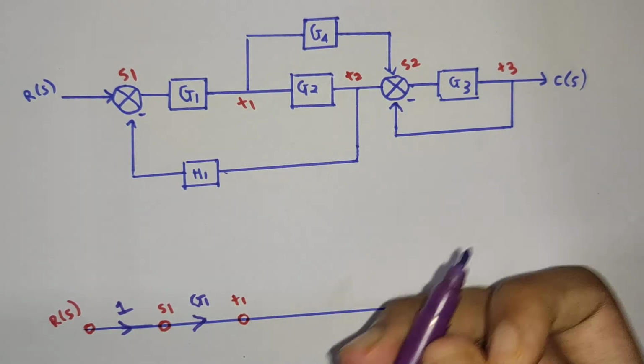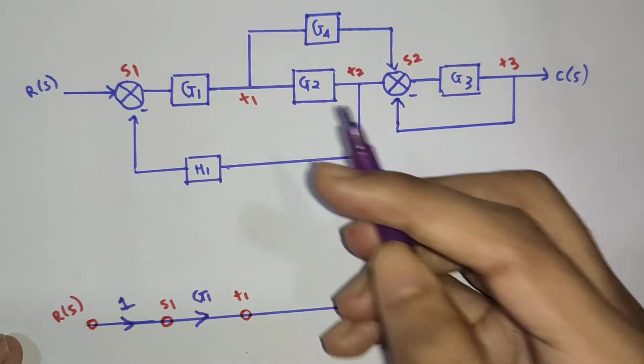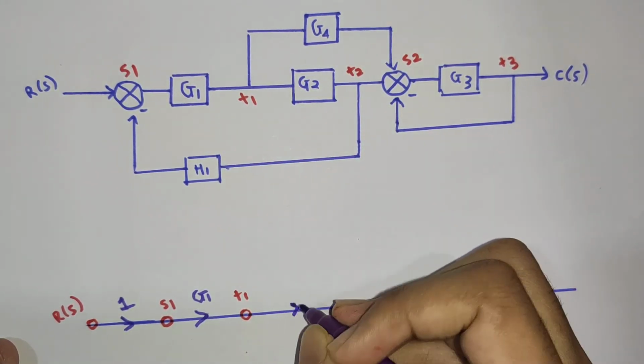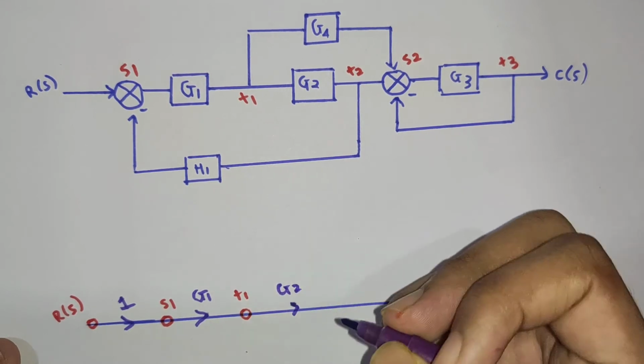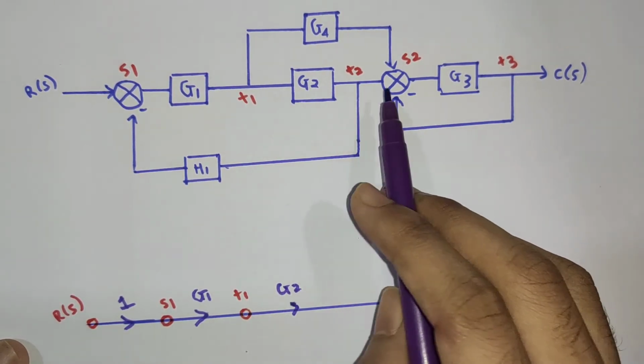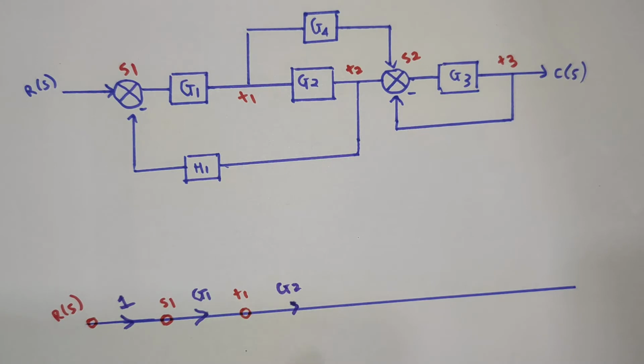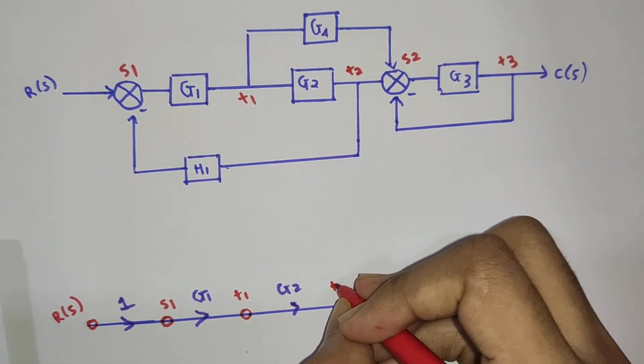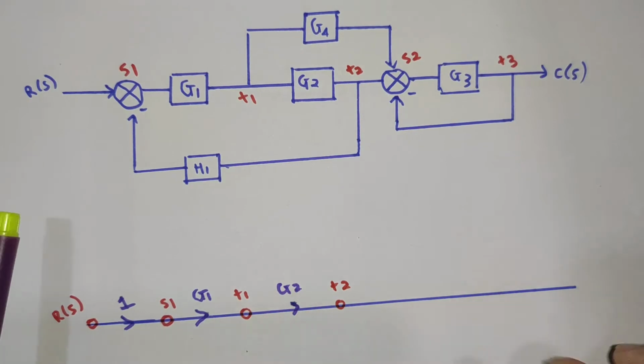And now you can see there's another gain G2, so I am going to denote that G2, and there's another takeoff point T2. So between T1 and T2 there's a gain G2.